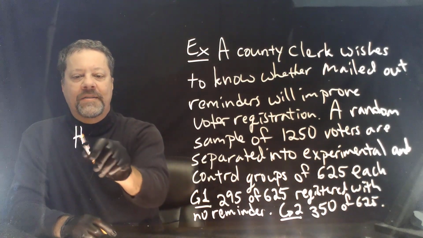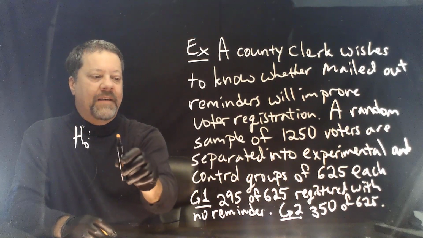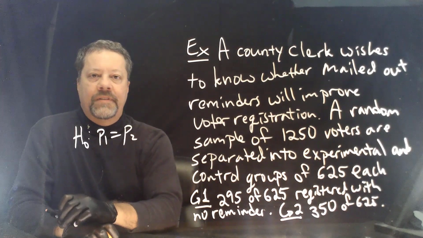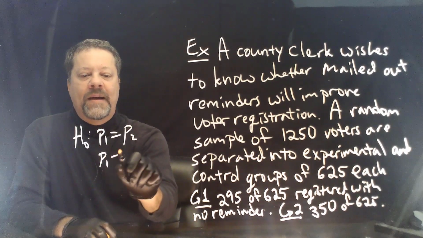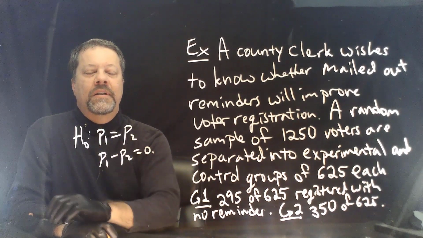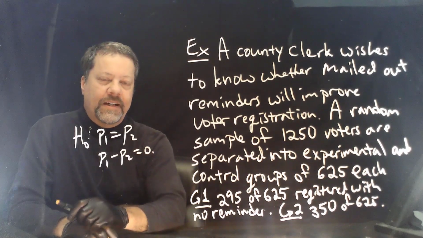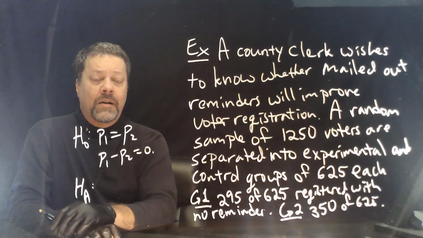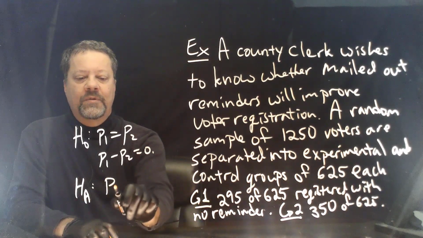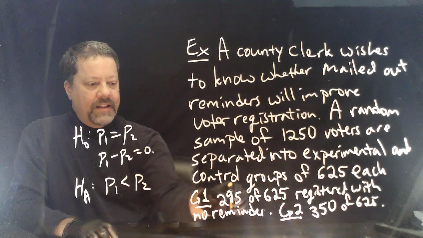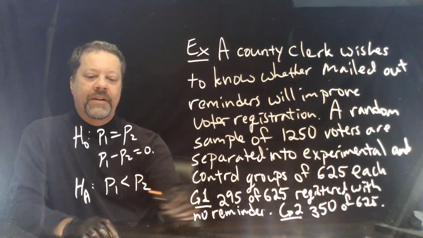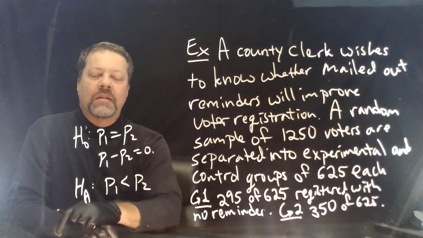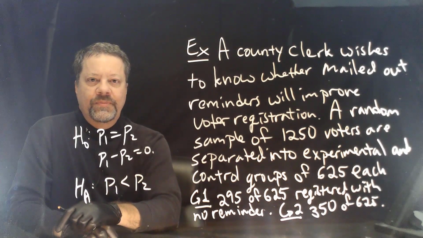Our null hypothesis will be that there is no difference. P1 minus P2 is 0. 0 is the specified difference. Our alternative hypothesis will be that if you didn't get a reminder, fewer will register. So the proportion 1 will be smaller than proportion 2.